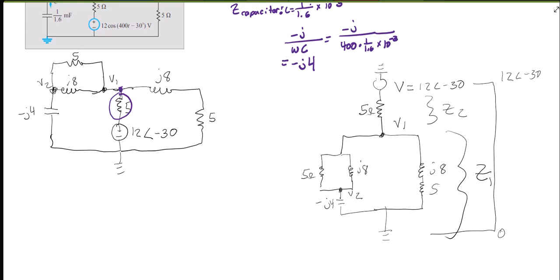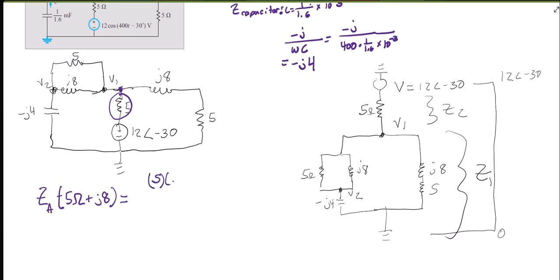So I'm going to start by finding the impedance of, I'll call this ZA. That'll be the impedance of the 5 ohm resistor and the J8 inductor. Those are in parallel, and since they're in parallel, I can do product over sum.